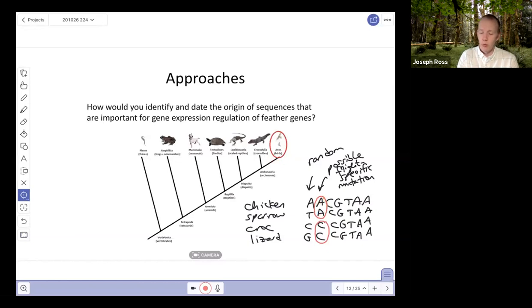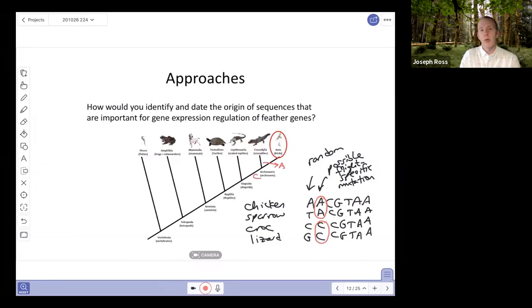They're closer related to each other than they are to crocodiles and lizards. And so that's why the crocodiles and lizards, say, have an ancestral nucleotide. So in the ancestor, there was a C, but in the ancestor of all birds, there's a mutation from C to A, and that's why the descendants of that ancestor, all birds, share that A in this example.